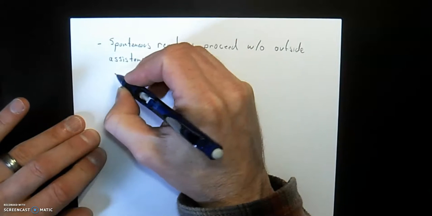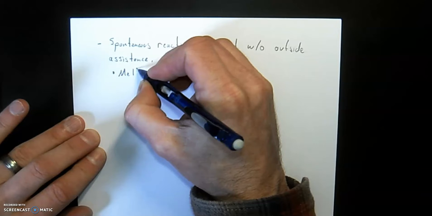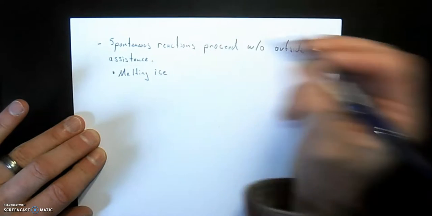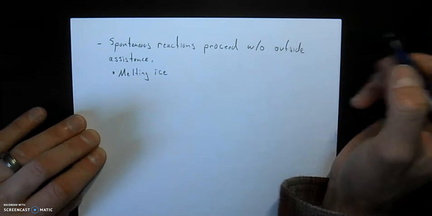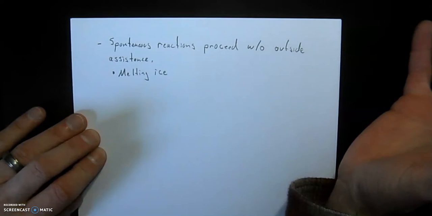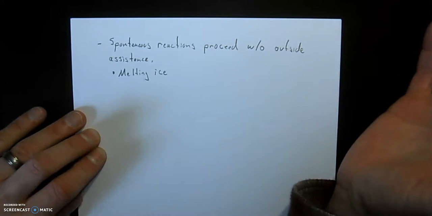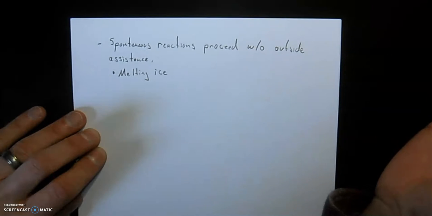A really good example of that one is melting ice. And melting ice, of course, above 0 degrees Celsius. If you're below 0 degrees Celsius, if ice is melting, there's something weird going on. But above 0 degrees Celsius, we just see it melts, it's spontaneous. We just expect it to happen.